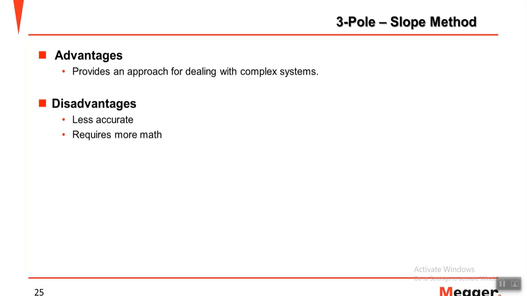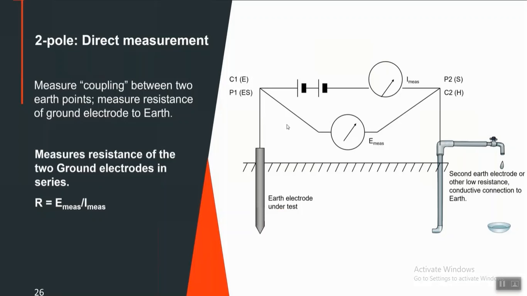Okay, next, direct measurement. This is the two-pole method. I think we measure coupling between two earth points of the ground electrode to earth. With the same philosophy, Ohm's law, voltage divided by current, you will get the resistance with this method.